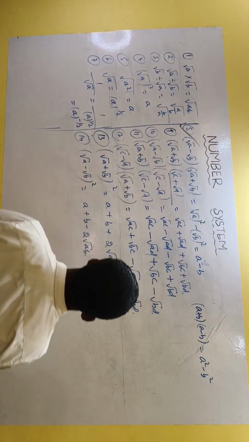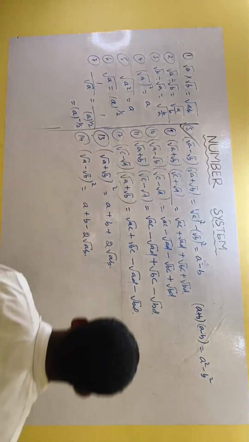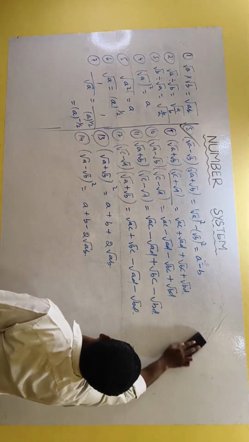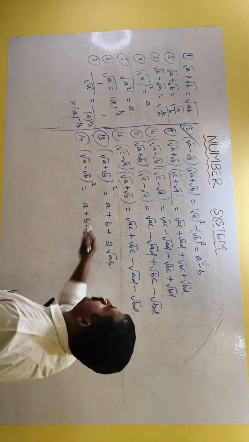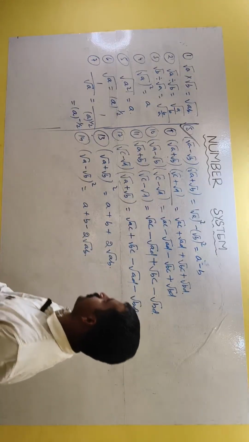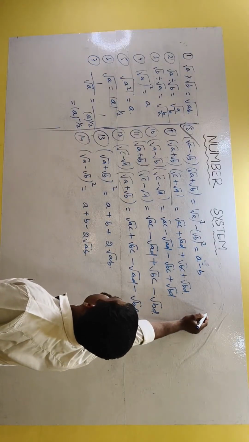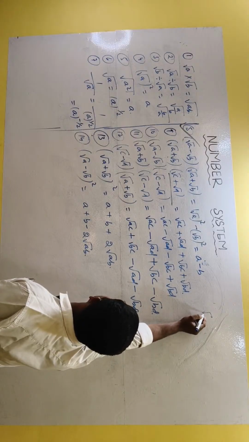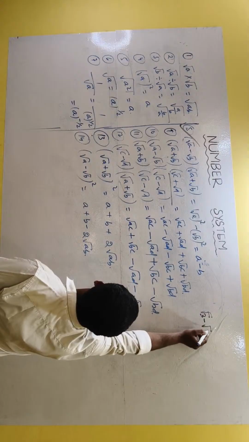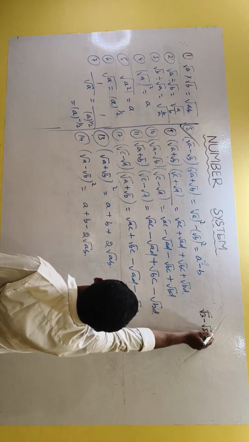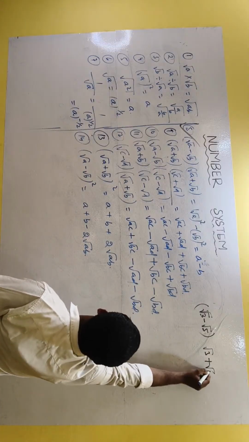Now, on the base of this formula, for example, root 3 minus root 5 whole into root 3 plus root 5.